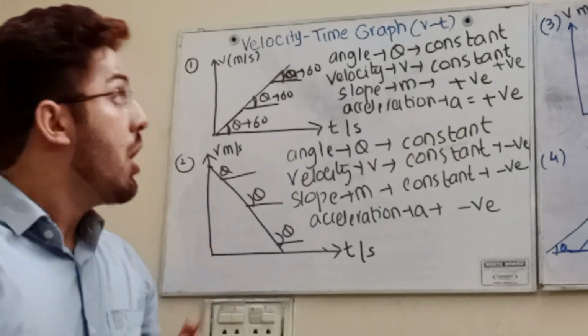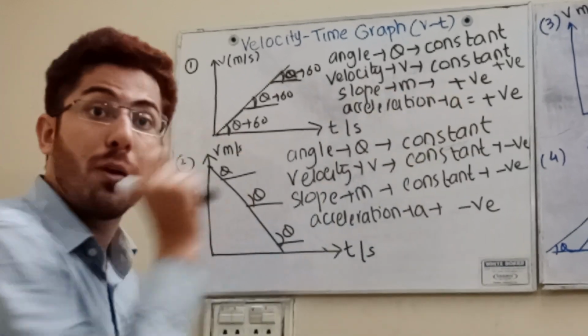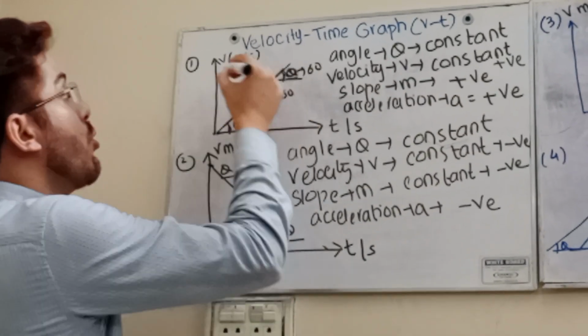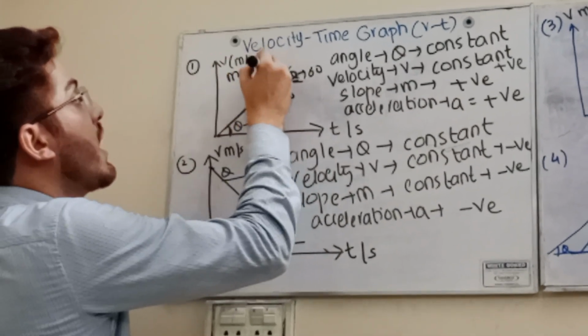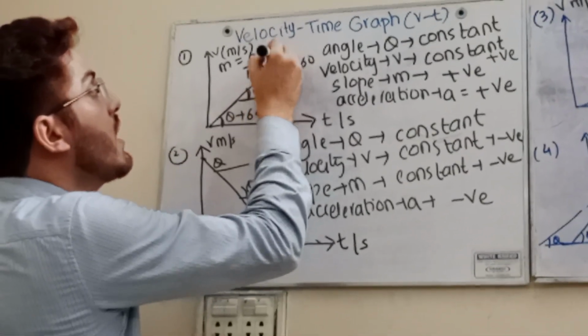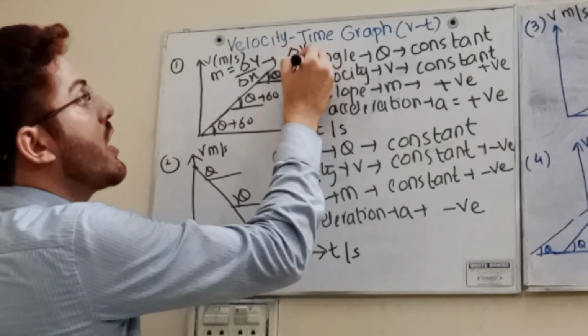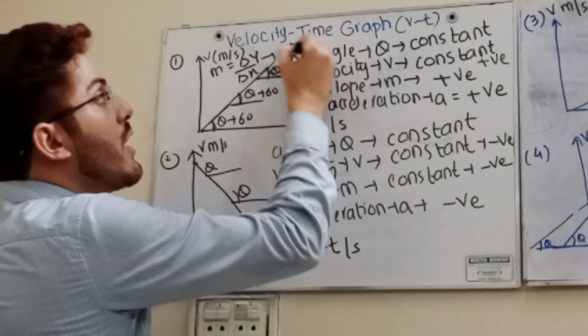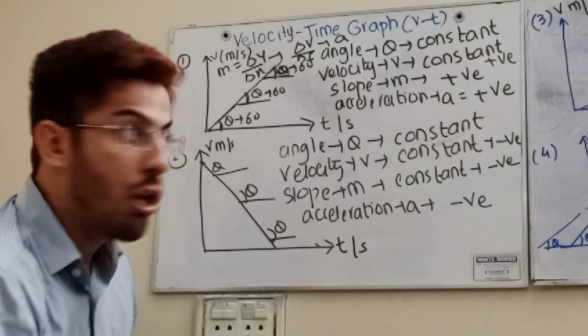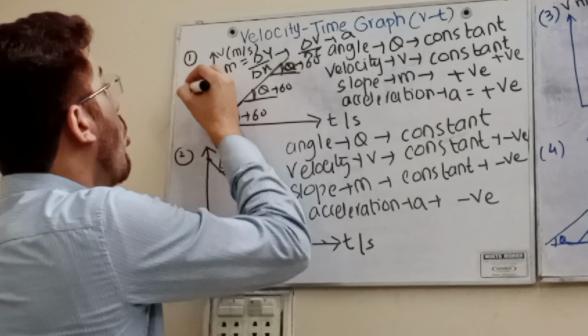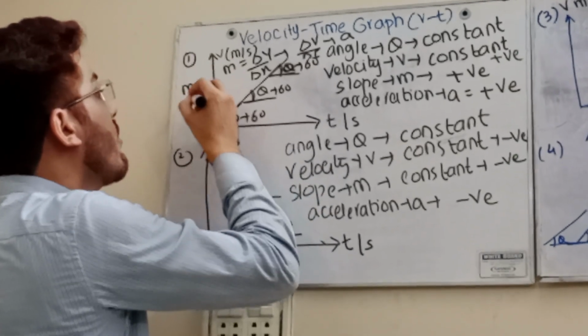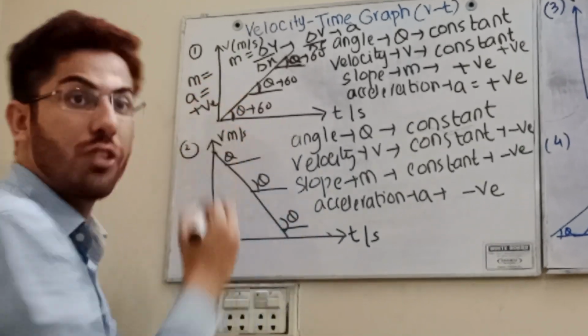Number 2 point, now slope also remains constant, because you know that slope is change in y upon change in x. What is y? Change in velocity upon change in time. So definitely we got the answer, acceleration. So if the slope remains constant, the acceleration also remains constant.